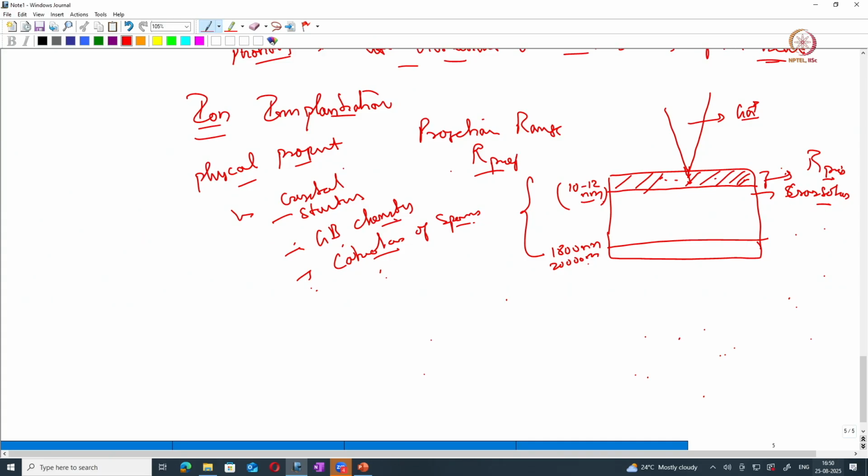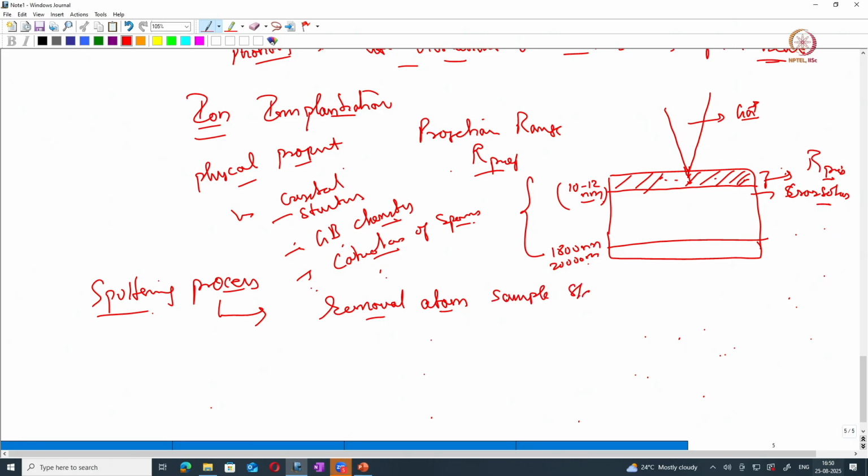We'll just briefly describe the sputtering process. What is the sputtering process? It is nothing but the removal of atoms from the sample surface. Sputtering occurs when atoms eject from the sample surface.